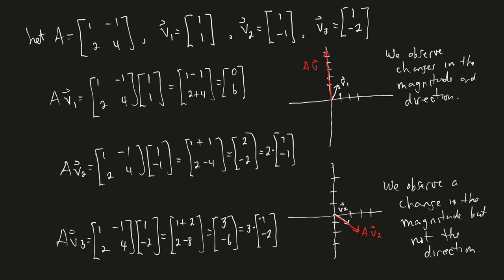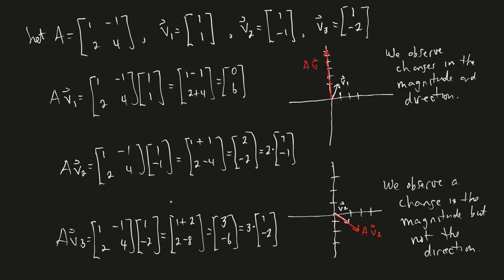Where the result of my matrix multiplication is simply a scalar multiple of the starting vector, the vector that was multiplied by my matrix. It's not the same constant. In one case the vector was doubled. In this case, the vector is tripled, but there is still a relationship.